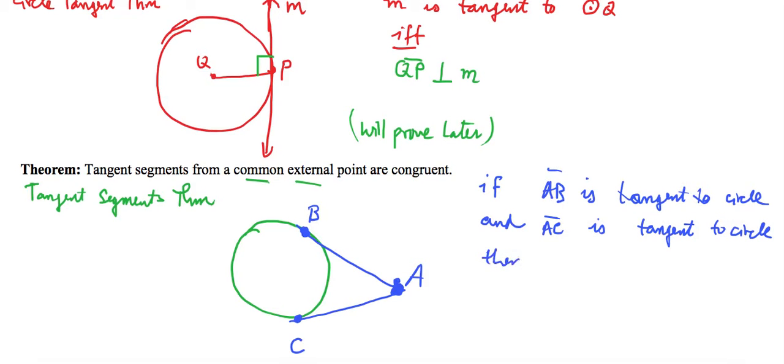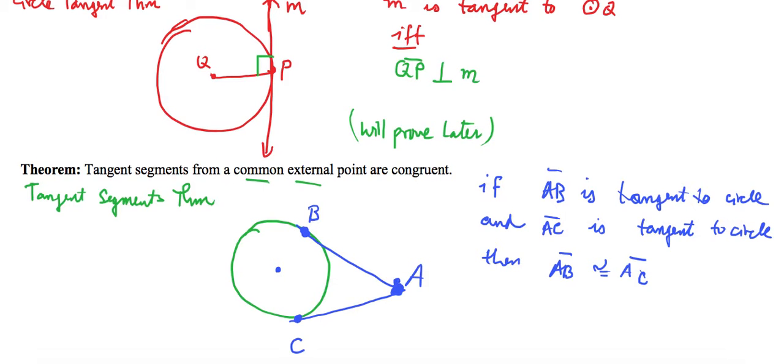So AB must be congruent to AC. And this theorem we are actually going to prove, by just adding some additional information here.